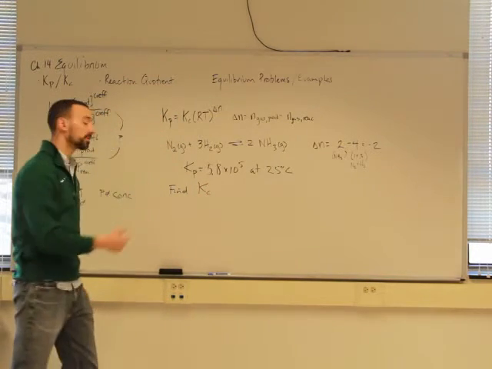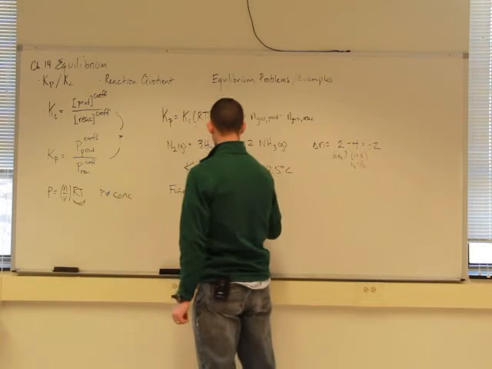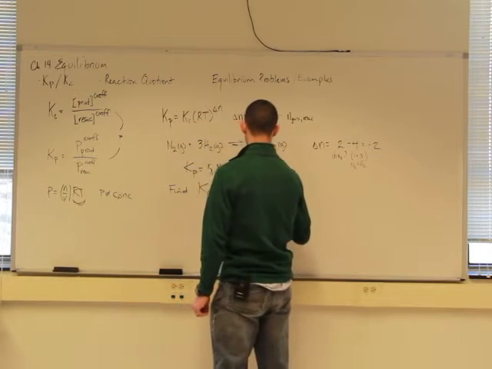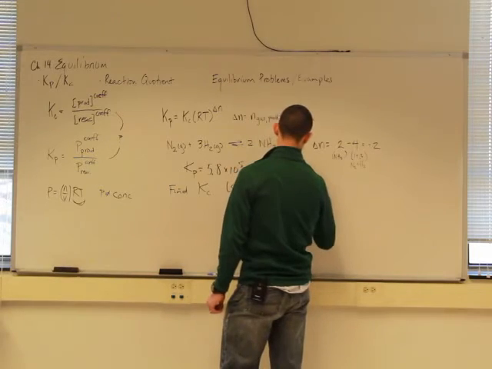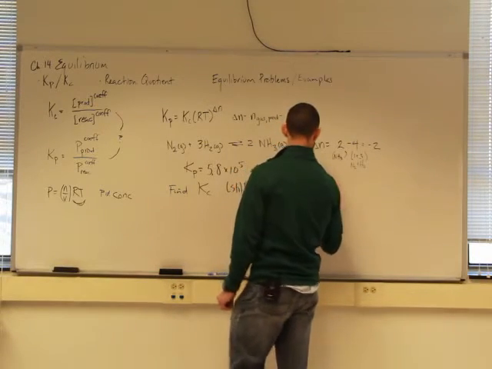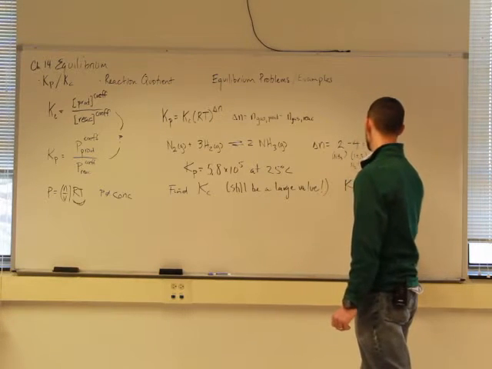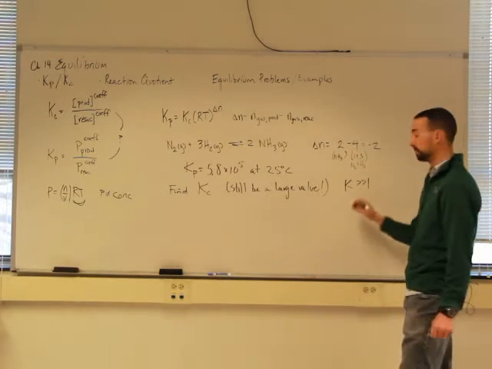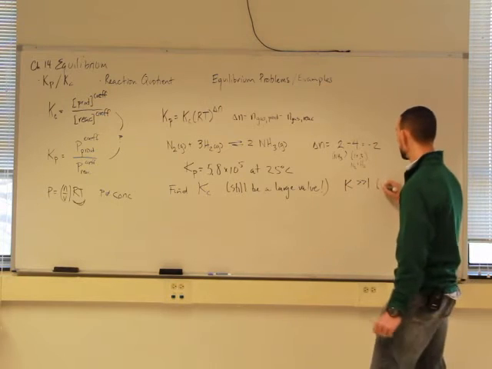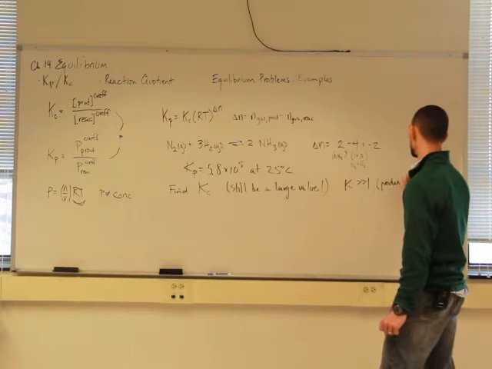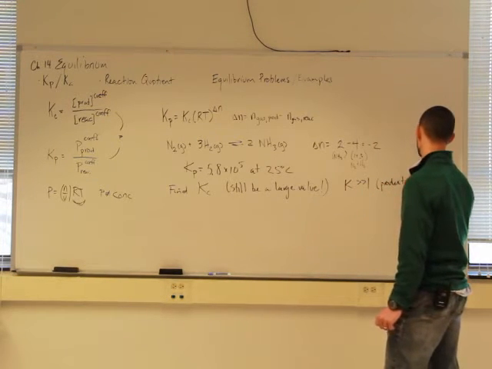Now, as I look ahead to my answer, I know that it should still be a large value. This is a significant equilibrium constant. Remember, putting it into the context of comparing it to the number 1, which means that this reaction is product favored.